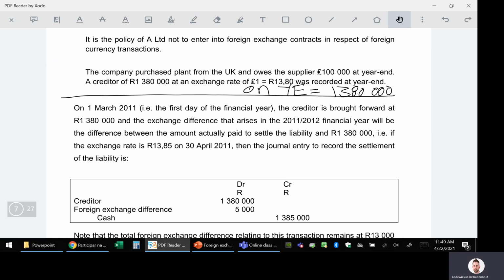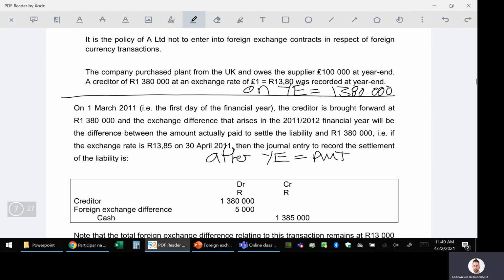Remember, it's a balance sheet item. So that closing balance of 1380 is our opening balance, and it's brought forward to the next financial year as 1380.